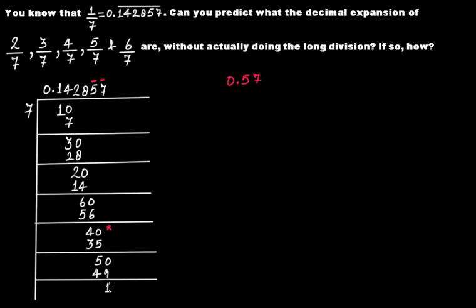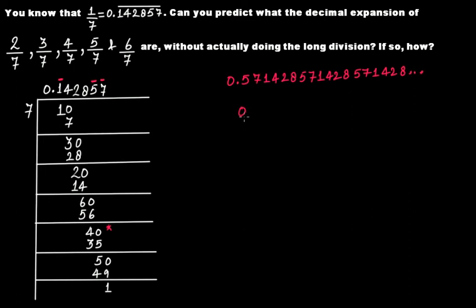You get 1. Then it means that now it will reach this point, right? Then 7 times 1, so 5 7 1 4 2 8, 5 7 1 4 2 8, and so on.